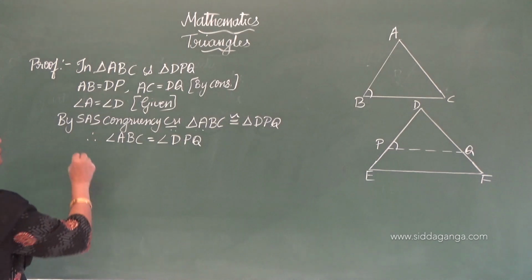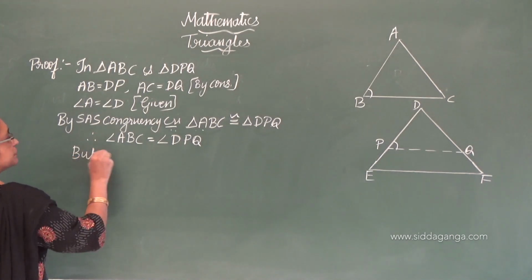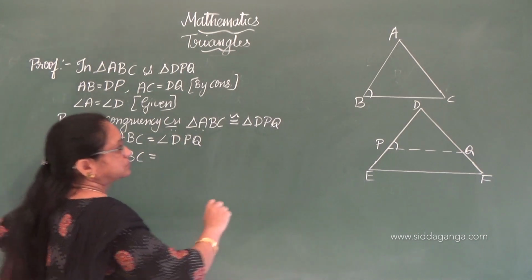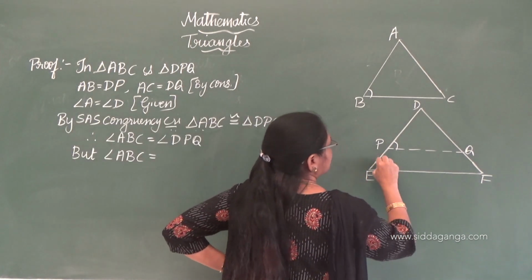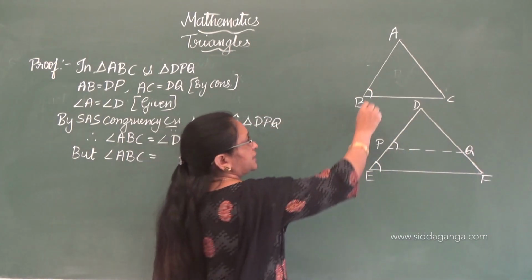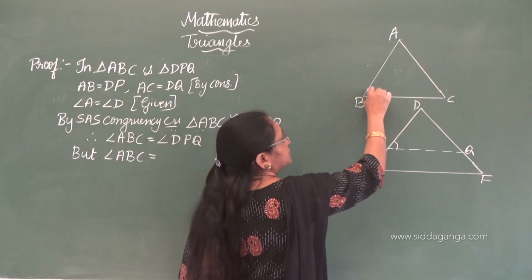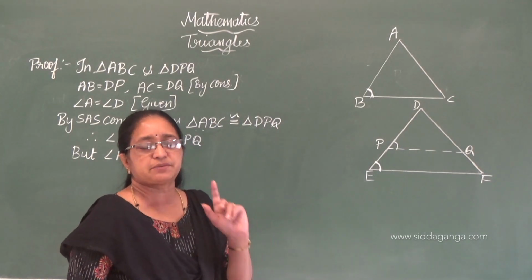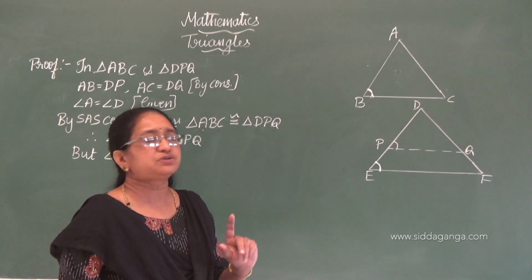But angle ABC is also equal to angle DEF, given. So, already the corresponding angles are equal and we have given, isn't it? In the statement, corresponding angles of the two triangles are equal.